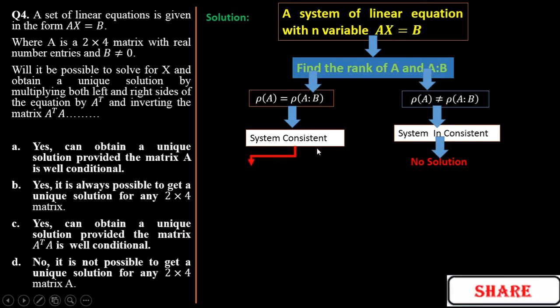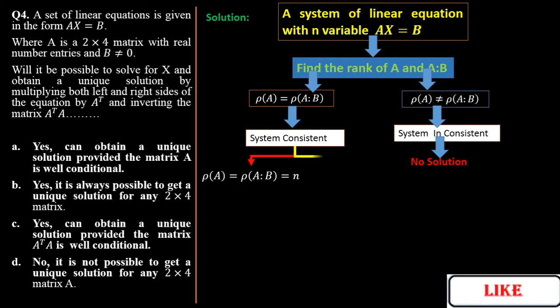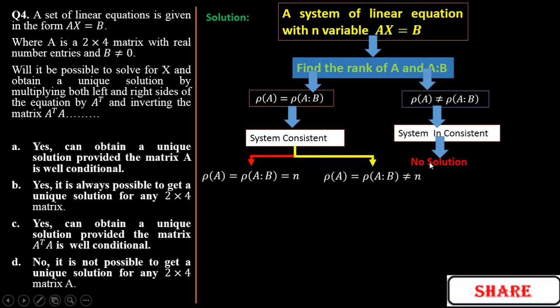If the system is consistent, then again there are two cases. In the first case, rank of A is equal to rank of augmented matrix AB, which also equals n, where n is the number of variables. In the second case, rank of A is equal to rank of AB, but it is not equal to n.